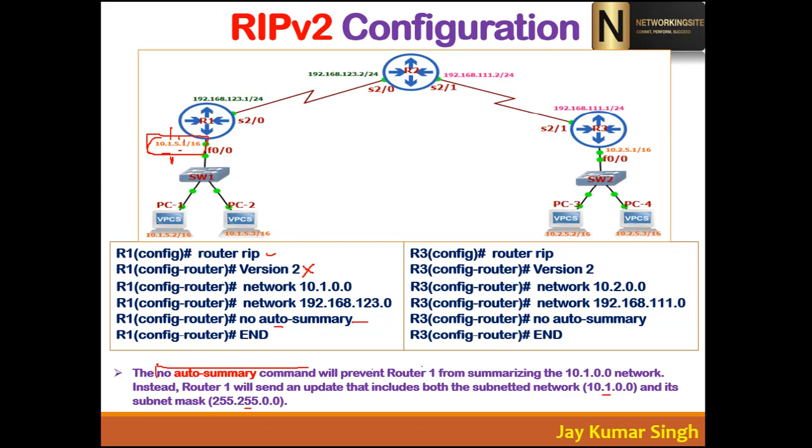So I am saying that with no auto, when router 1 advertises this information to router 2, it says yes, I have one network which is 10.1.0.0, and I want to share that network with you. So router 1 will advertise to router 2 the subnet of this /16.